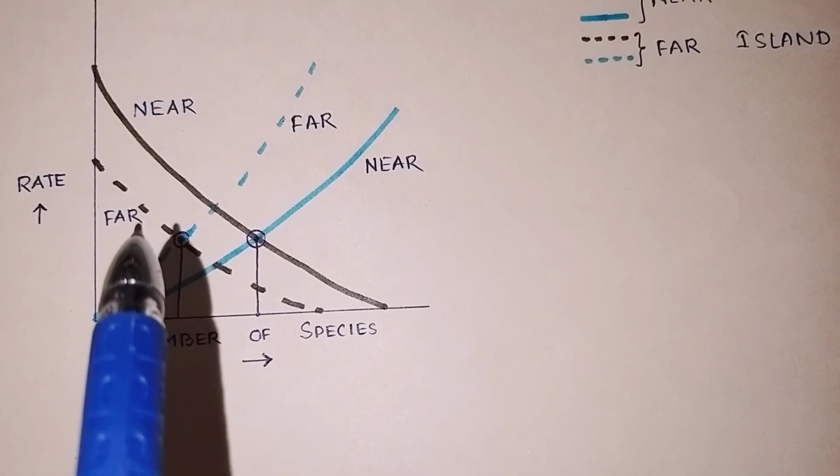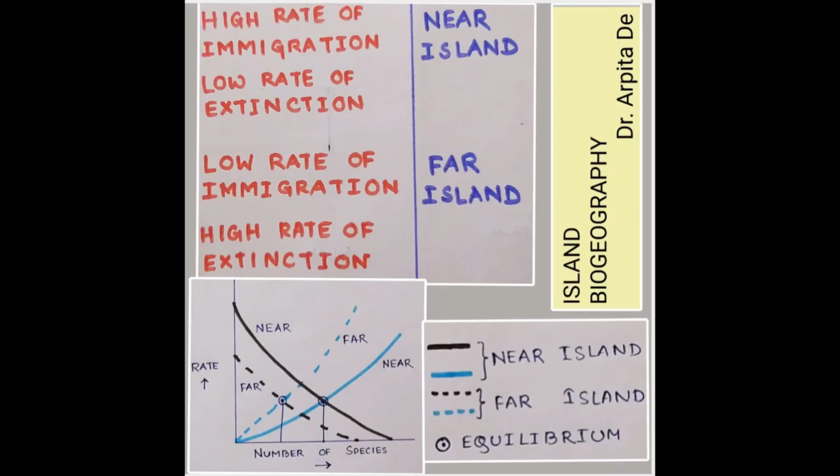An isolated landmass or an island located near to the mainland has a higher rate of immigration and a lower rate of extinction. An island closer to the continent or landmass is expected to have a greater number of species. This proximity to the mainland gives a higher chance of species entry into the island.